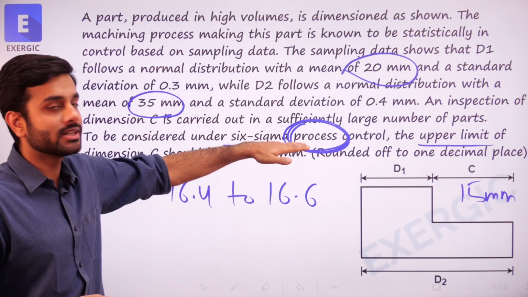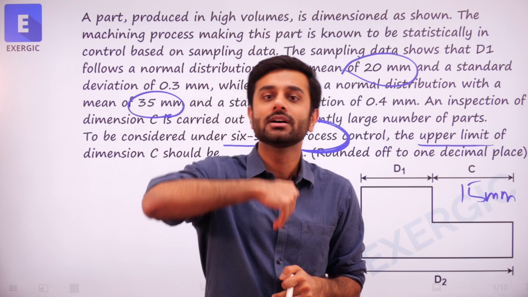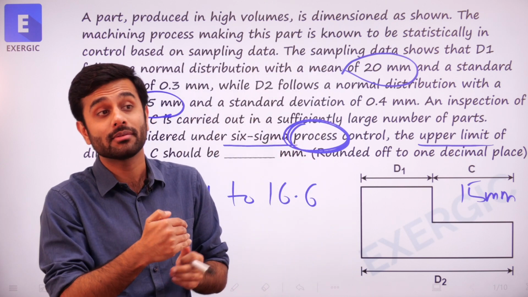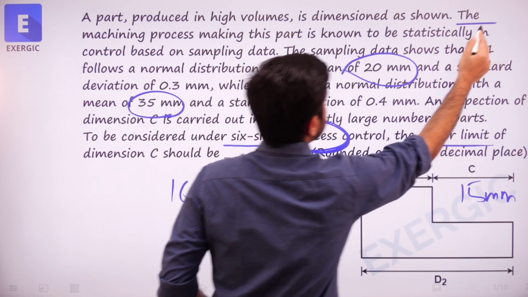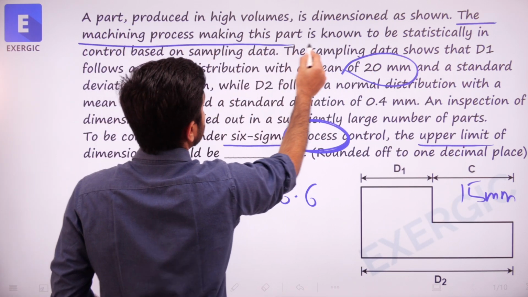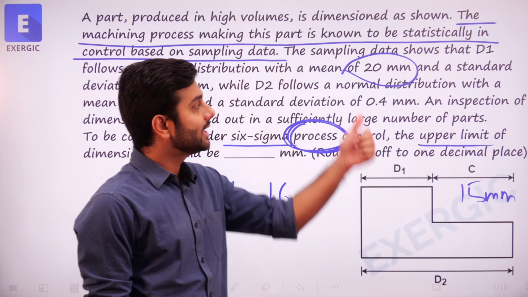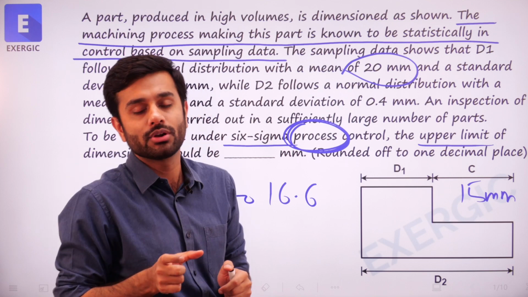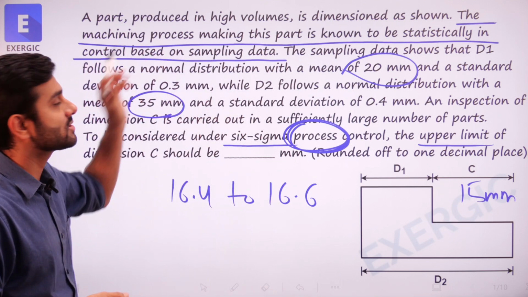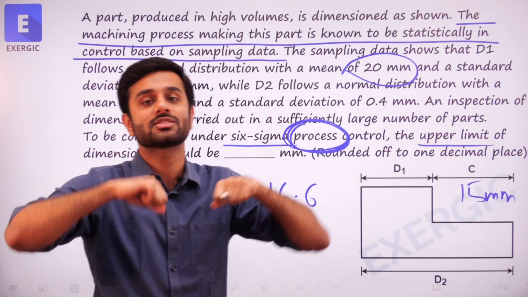Even here it is asking about the process control itself. Nowhere does the question say that you have to find the upper limit specified by the customer. Even if you look at the statement, the machining process making this part is known to be statistically in control based on sampling data. So the sampling data given to you is of the machining process itself, not the data required for the user specification.